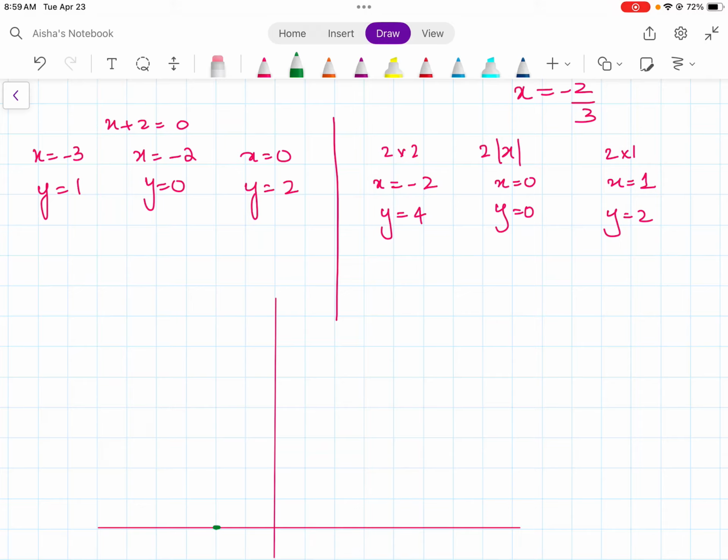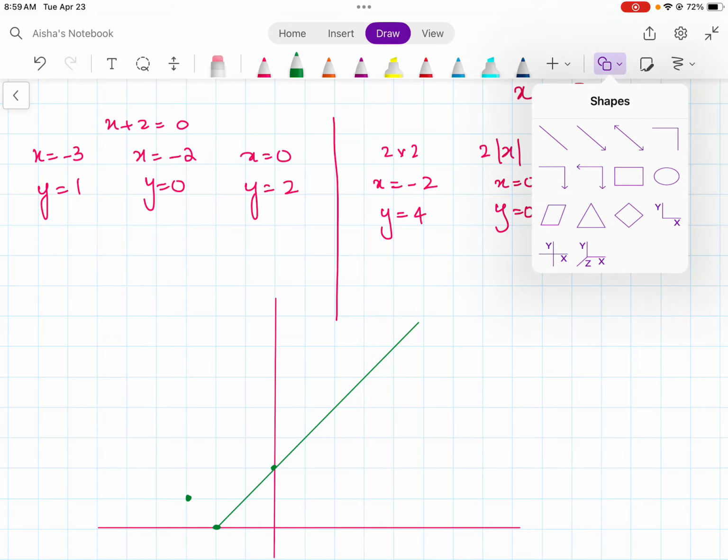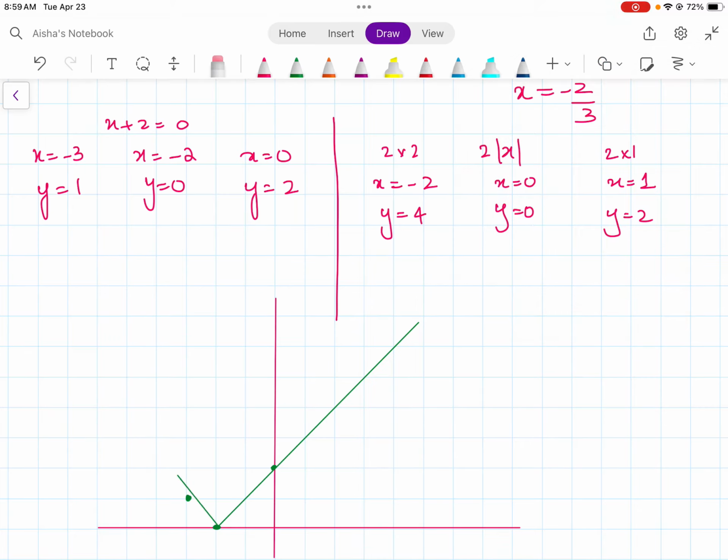At minus 2 it's 0, at 0 it is 2, at minus 3 it is 1. So this is the x plus 2 graph.